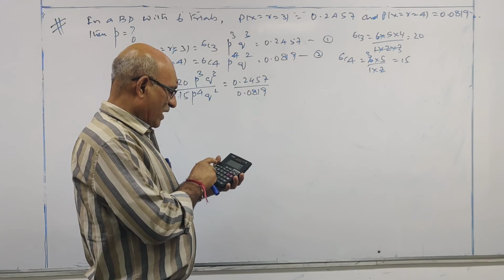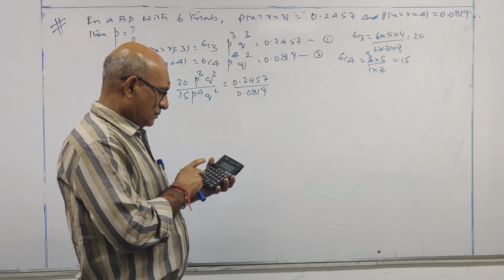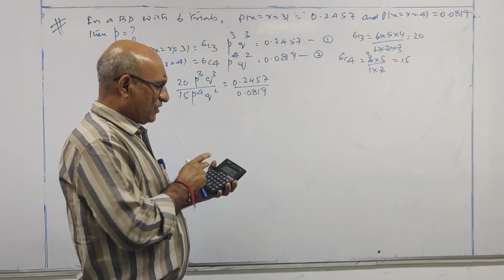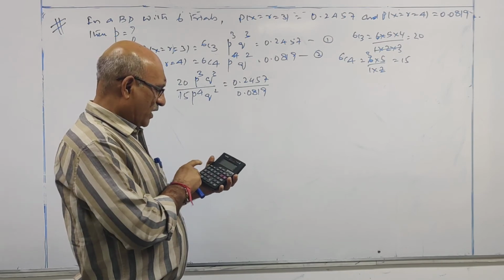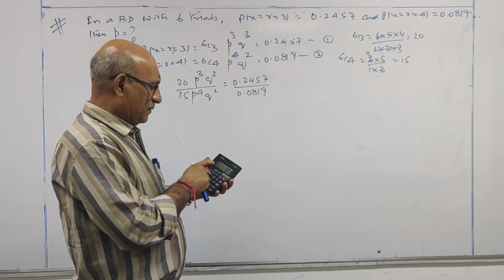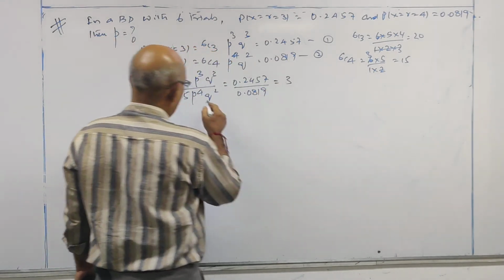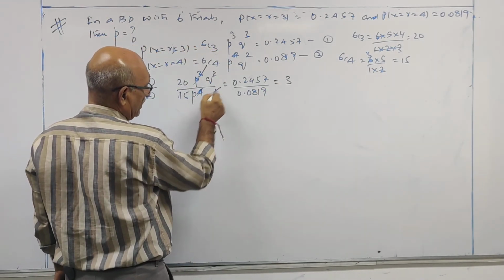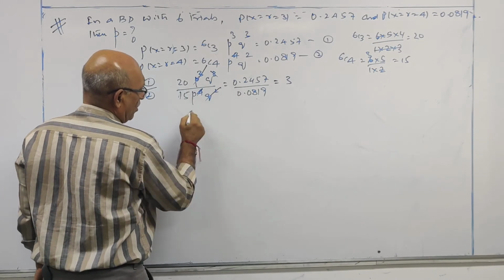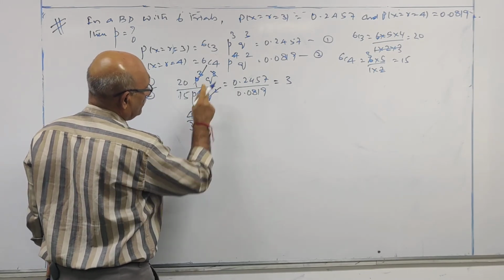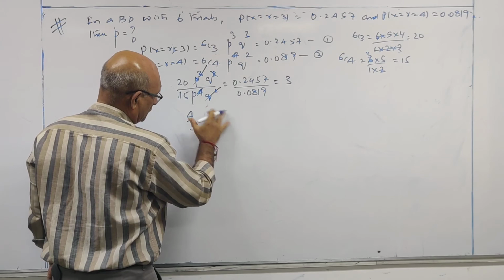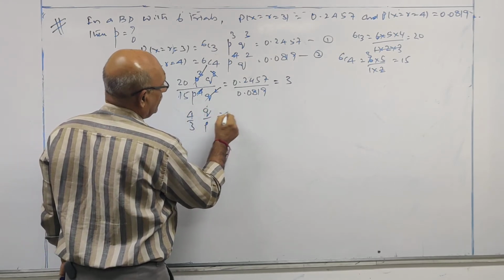This is 3. P cube cancels, p cancels, q square cancels. 4 by 3 into q by p is equal to 3.